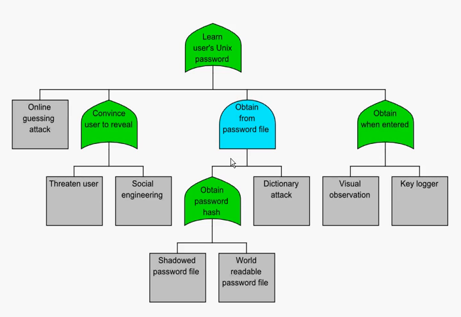An attack tree always begins with a top-level goal, which in this case is stated as learn user's Unix password. Now, this goal is not something that can be instantly solved in one stroke. So this goal in turn needs to be broken down into its parts.